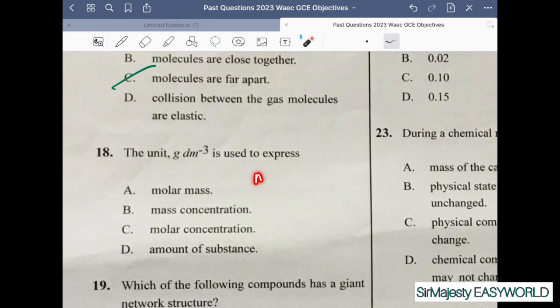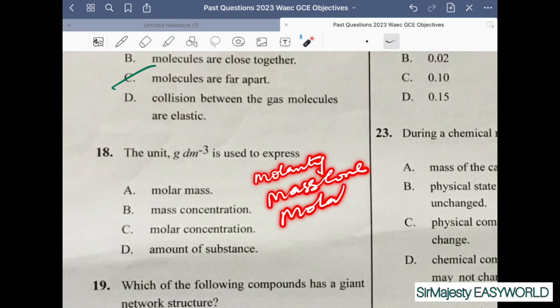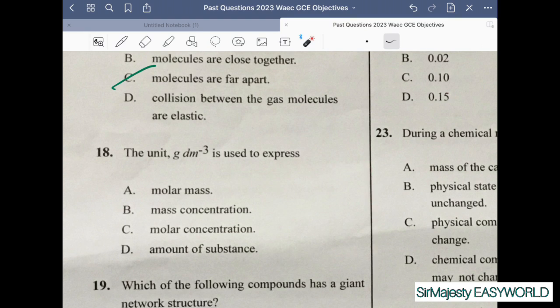We have the molarity, we have the mass concentration, and you also have the molality. Don't confuse molarity with molality. But the one our interest is on is molarity.